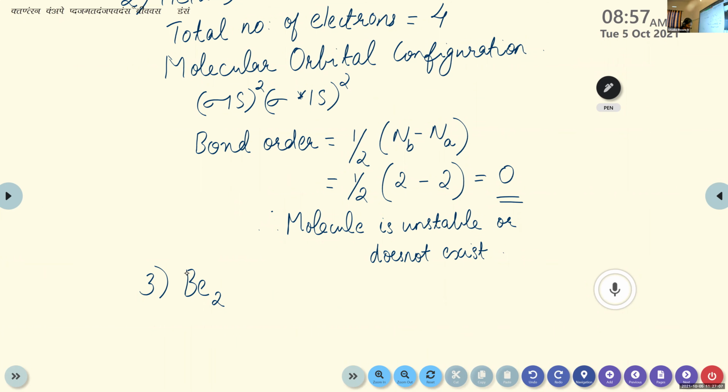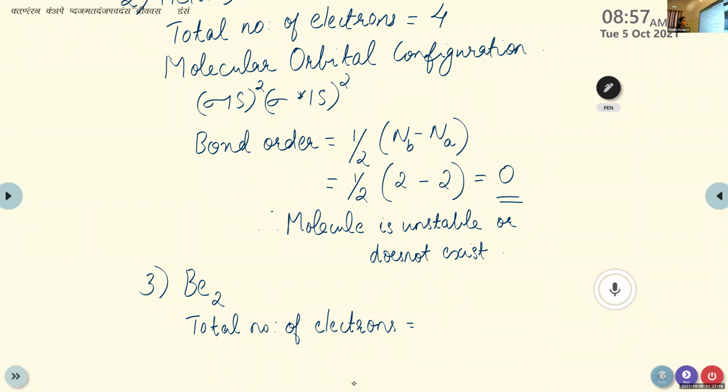What about the total number of electrons? 8, because each beryllium atom contains 4 electrons. So total 8 electrons. Next one, we will write the molecular orbital configuration.